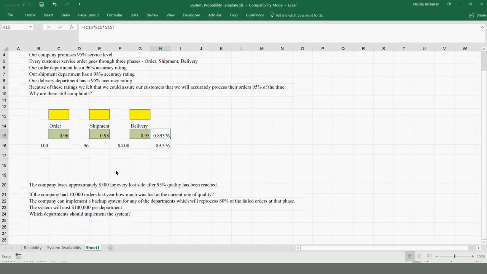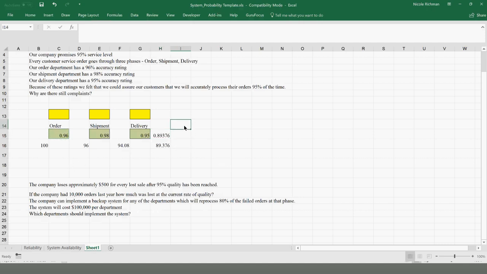So in this particular case, the company estimates a $500 loss for every sale after the 95% quality has been reached. And this could be lost sales from customers not returning, or costs from having to process the quality problem, whether it's processing a return or redelivering a particular product.